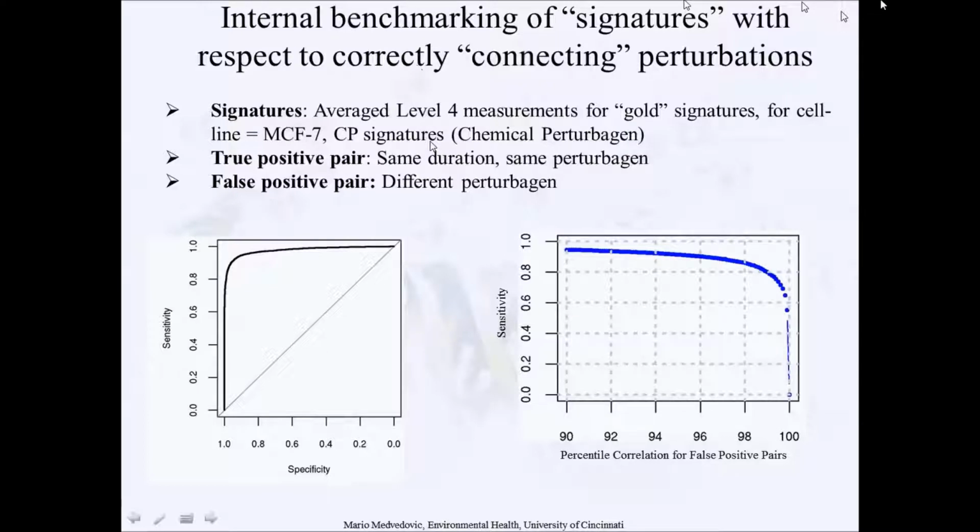But the first question that I think we need to answer is, what is a good benchmark for establishing which signature is working better in this first type of analysis, which is connectivity analysis, so connecting one perturbation to another. And the way that Arvind suggests this is done is to use replicated signatures that are present in this data.